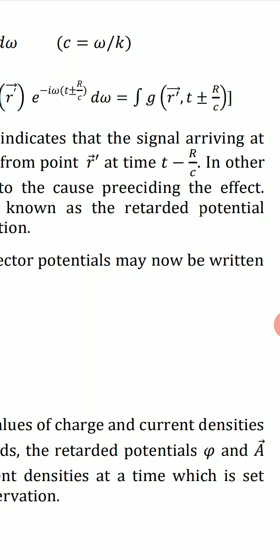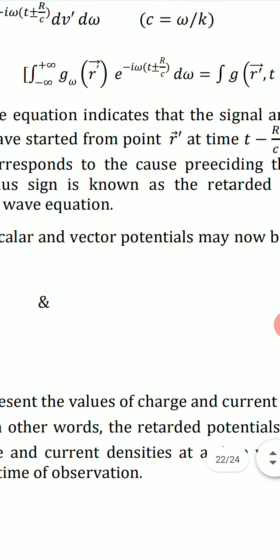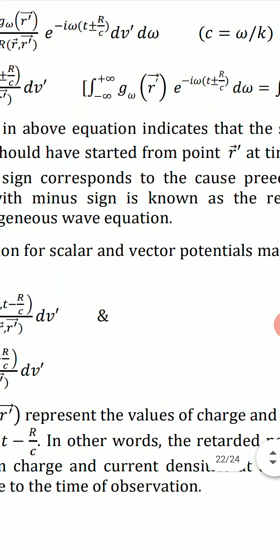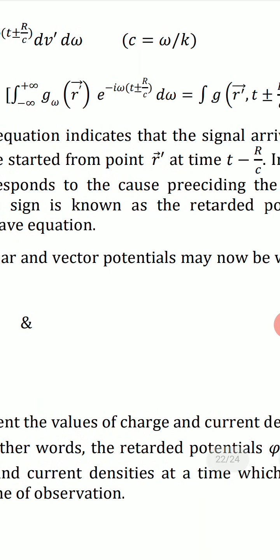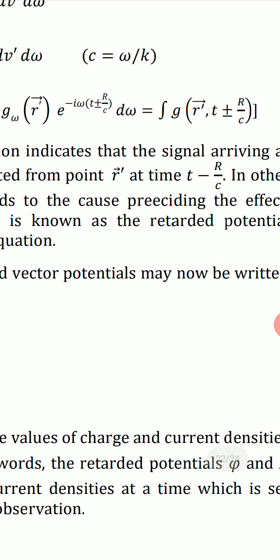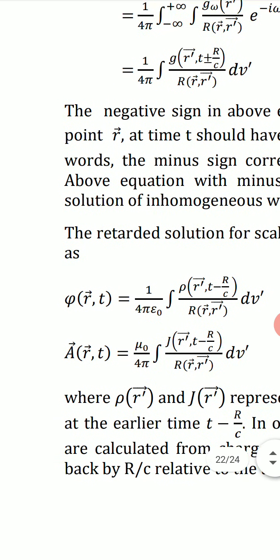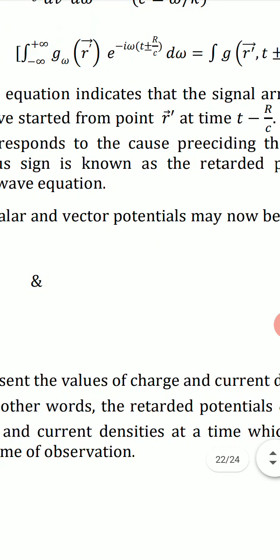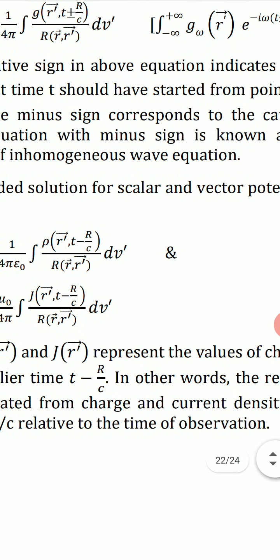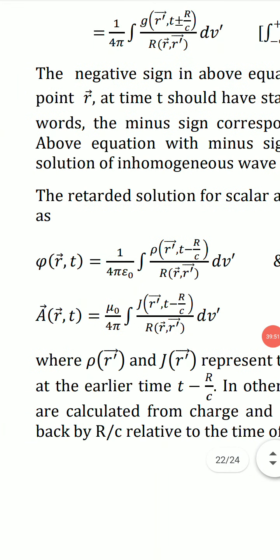Cause is produced at source point where charge is present, and for which position vector is r dash, and effect we observe at field point P, for which position vector is r. In other words, the minus sign corresponds to the cause preceding the effect. Above equation with minus sign is known as the retarded potential solution of inhomogeneous wave equation.